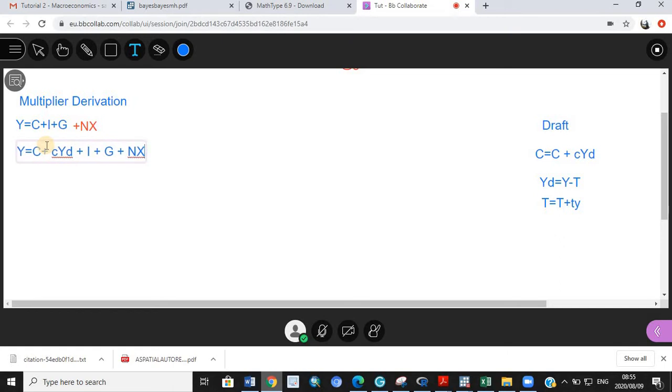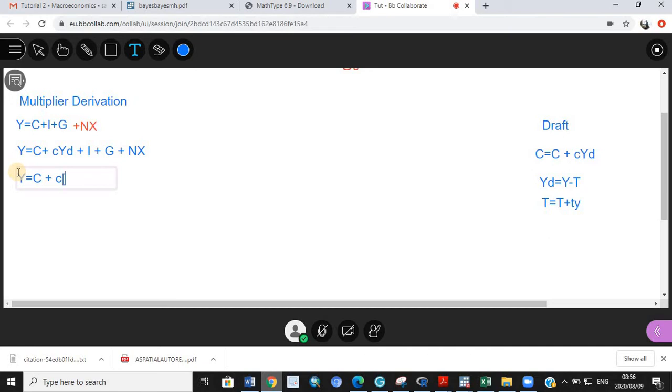NX is the net export, in this case the trade balance, whereby you have X minus M. So let's still do this. Here we have Y equal to C, plus this C, which is what we call the marginal propensity to consume. Don't confuse yourself, okay? We can still do this.